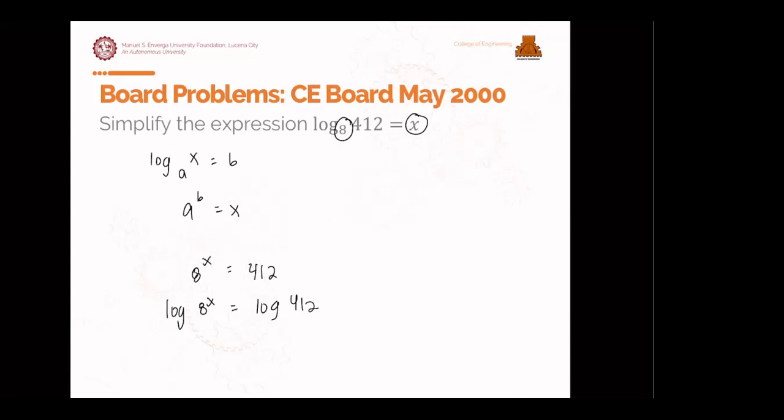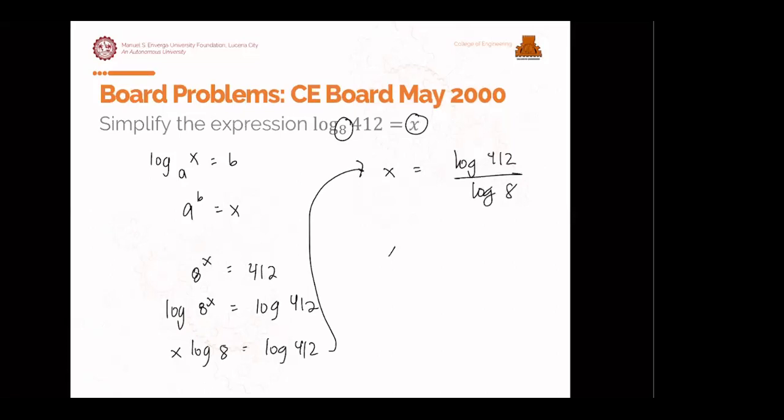So kung may exponent to, apply natin na dapat lalagay natin sa unahan yung exponent. Then we have log 412. And then we can divide both sides by log 8 para ma-isolate yung x. Okay? And this value is directly solvable sa calculator natin, no?